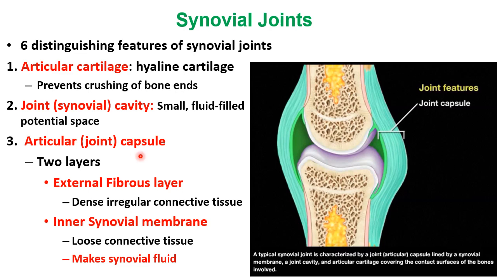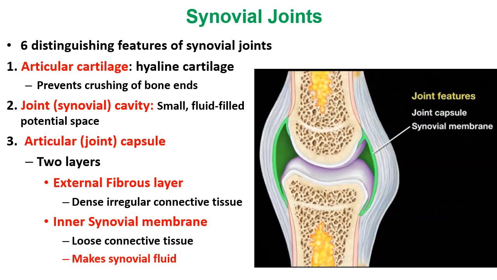Then you have this capsule, okay? This capsule here is made up of two parts. You have the external capsule, which is this one over here, and that is made up of dense, irregular connective tissue.